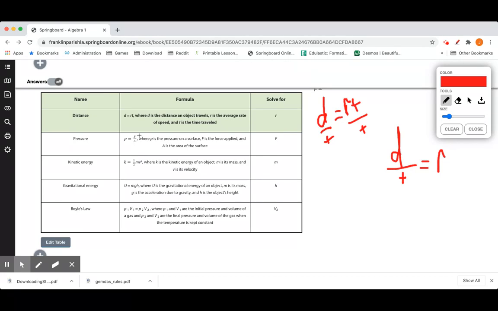So we'll do the opposite and multiply both sides by A. And so our answer is going to be A times P, or AP, is equal to F. The force applied is equal to the area of the surface times the pressure on the surface.